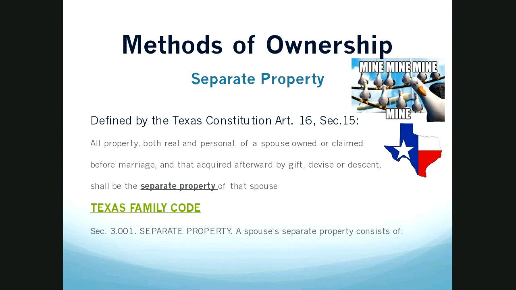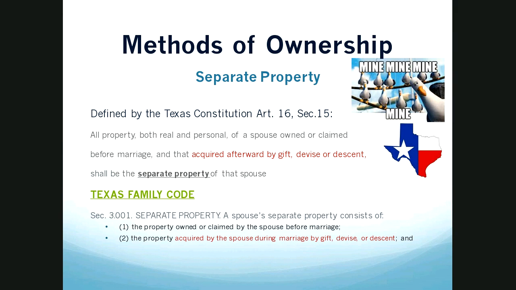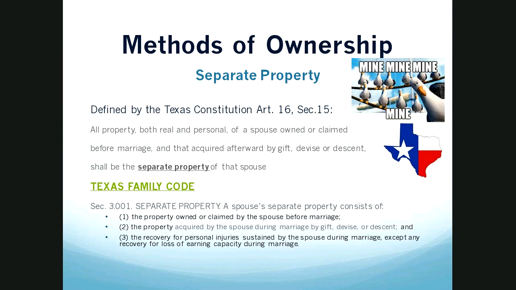So that's separate property. It's also defined in our family code, right? It says a spouse's separate property consists of the property owned or claimed by the spouse before marriage, property acquired by the spouse during marriage by gift, devise, or descent, and the recovery for personal injuries sustained by a spouse, except any recovery for loss of earning capacity during marriage.